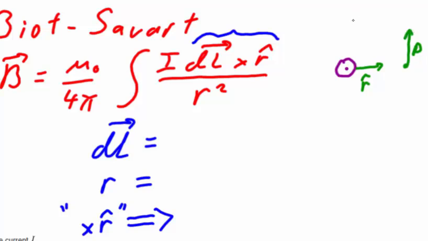If we had placed the point P up here, we would get this direction, and so on, demonstrating that the dl crossed with r hat yields magnetic field contributions that make circles around the lines of current.